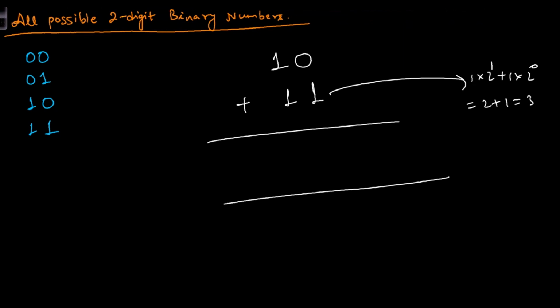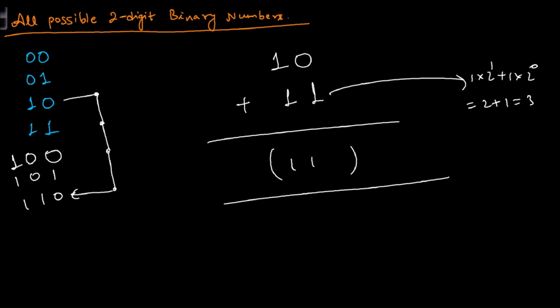It means from 10, you have to move 3 steps. 1, 2, and 3, and whatever number you get in the binary number system, that is the result. It will be 100, 101, and 110. So 10 plus 11 is 110.